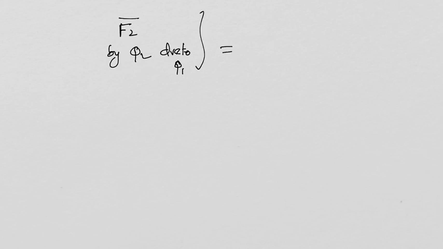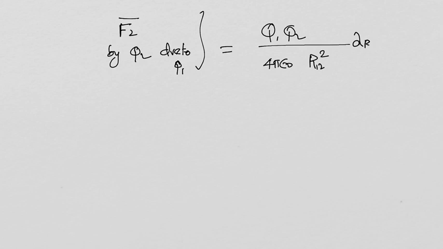How to estimate it? We have to look at the force experienced by Q2 due to the force generated by Q1. It's computed using Coulomb's law, which is given by Q1 Q2 by 4 pi epsilon naught into the magnitude square of the distance between the charges Q1 and Q2.